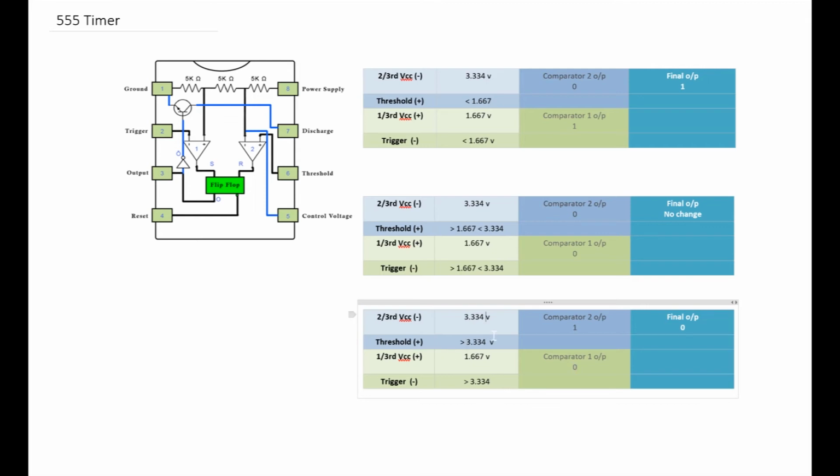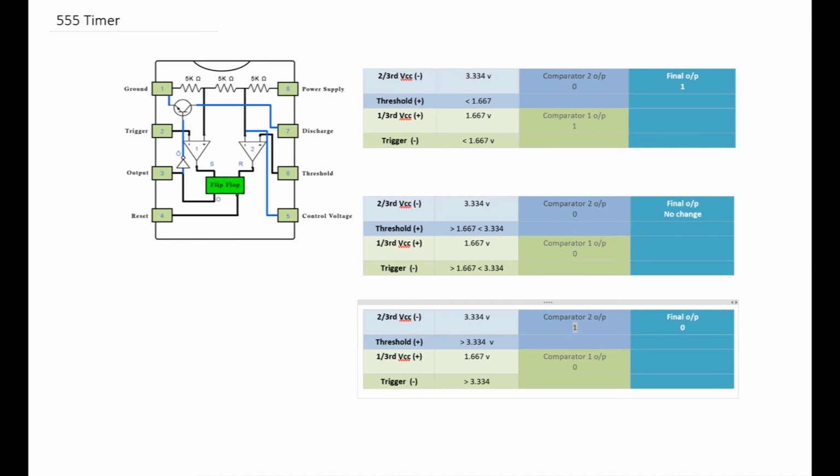But now comparator 2, which is here, is comparing a voltage of 3.334 on the inverting terminal and a value greater than that on the non-inverting terminal, which causes an output of 1, which is the input to the reset of the flip-flop. Because of this, the flip-flop gets reset and the output goes down to 0.